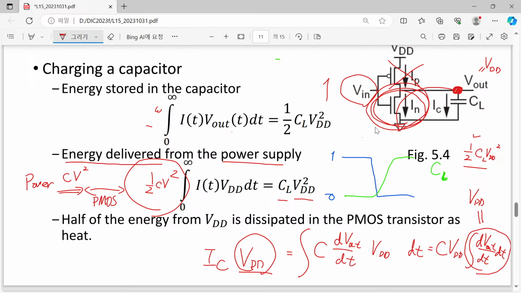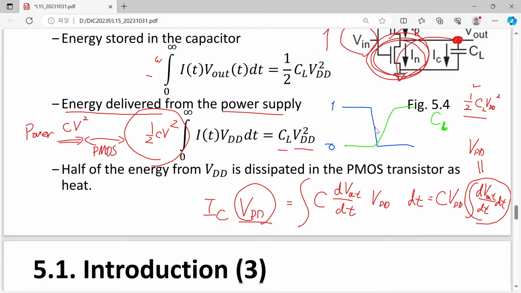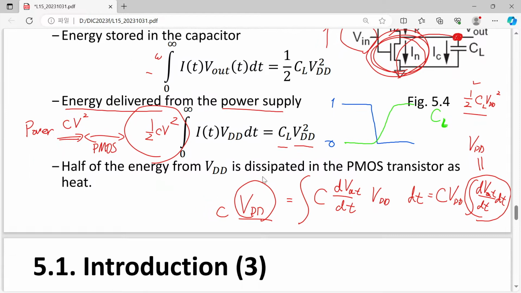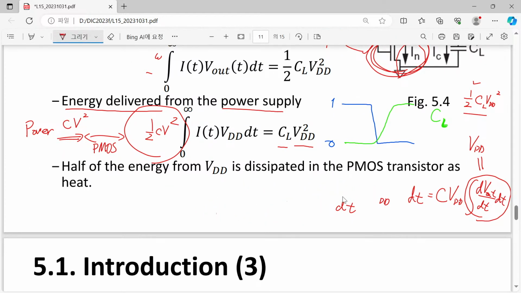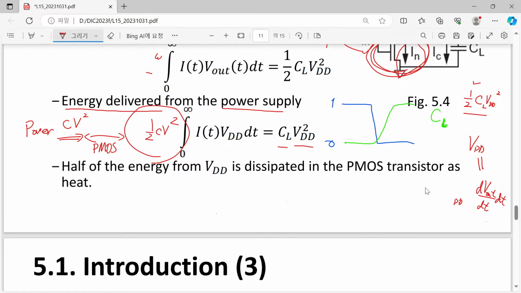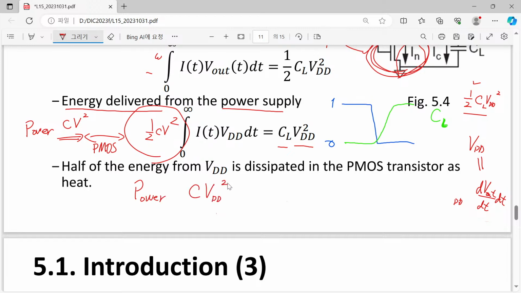So when we consider this procedure, now we can understand it this way. The procedure is quite simple. In the charging phase, the power supply gives C times V_DD square, and half of it is spent by our PMOSFET, and only half of it is stored in our load capacitor.